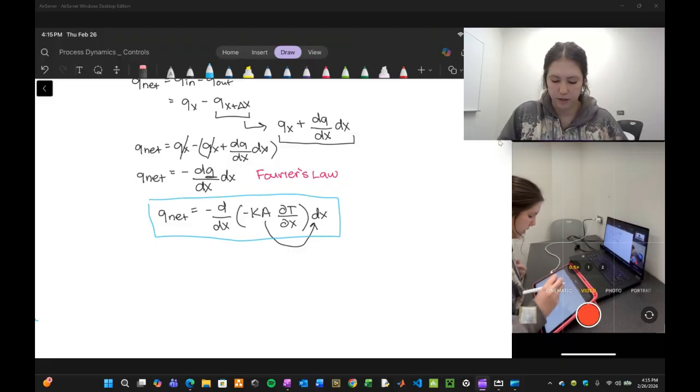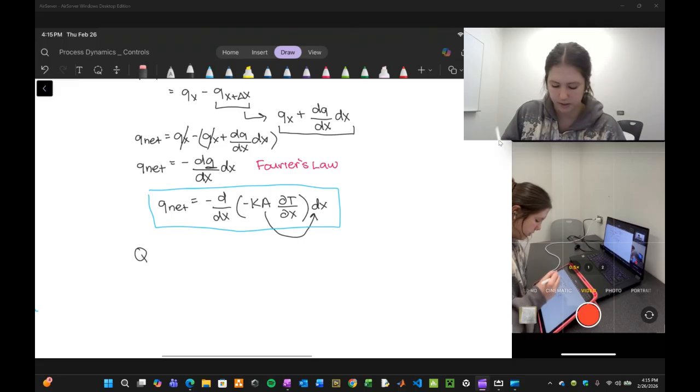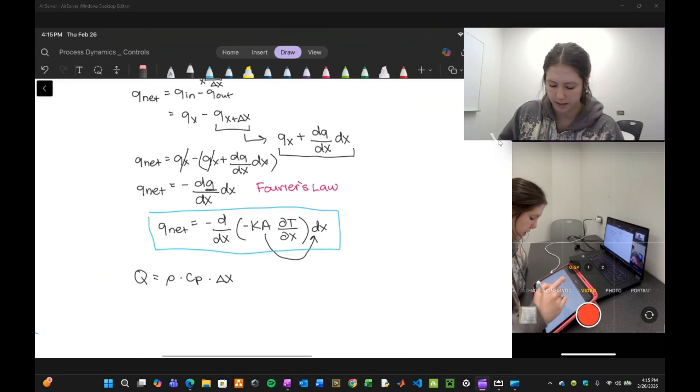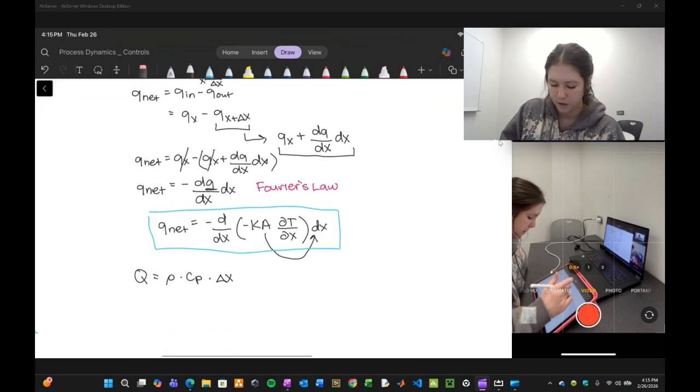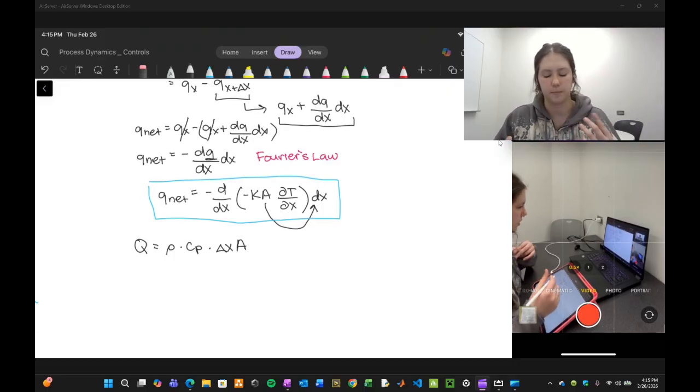And now we can look at the overall flow. Call that Q. So our overall flow is equal to our density times our heat capacity times our change in X, or this change in position here, multiplied by our cross-sectional area, because again, it's going to be volumetric because the heat is flowing through.